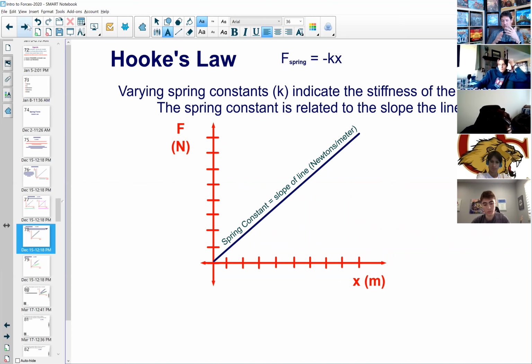And what did we say just a few slides back that newtons per meter unit matches with? K, the spring constant. So when we graph force on the y and displacement on the x, the slope is the spring constant. All right, so that's another thing we discovered when we talked about it the first time.